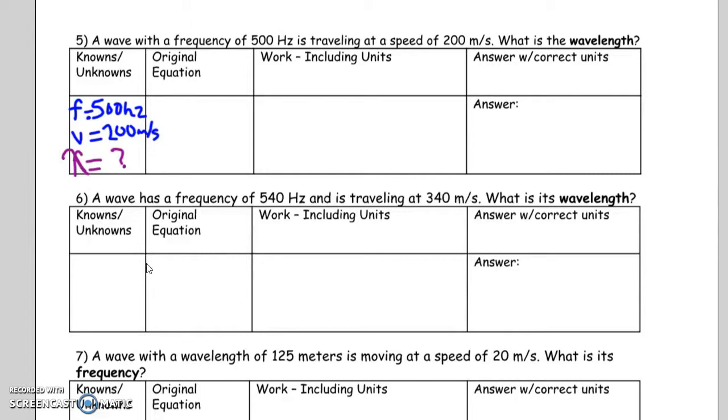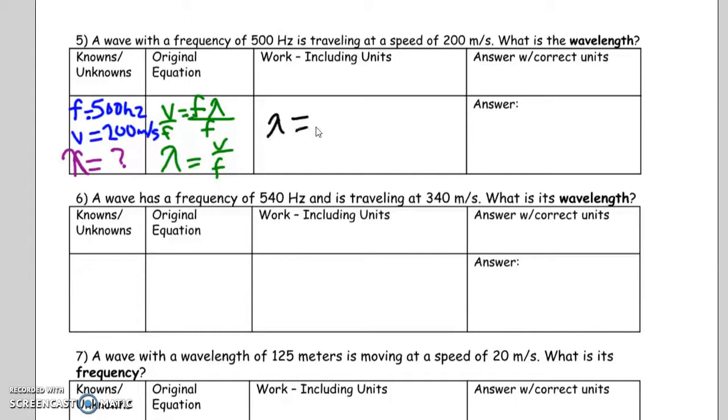There we go. So let's go ahead and write in our equation, v equals frequency times lambda. And lambda, or wavelength, is what I want to get by itself, so I need to divide by f. And I get lambda equals v over f. So now I can plug in my numbers.